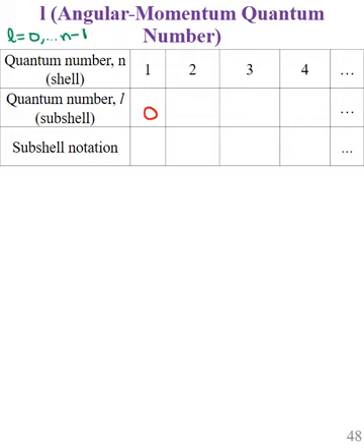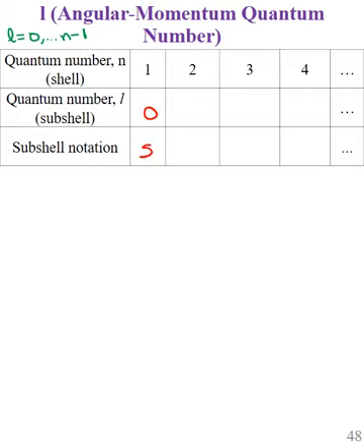Staying with L equals 0, the subshell notation of that would be S. Now if n equals 2, L can have values of 0 or 1.